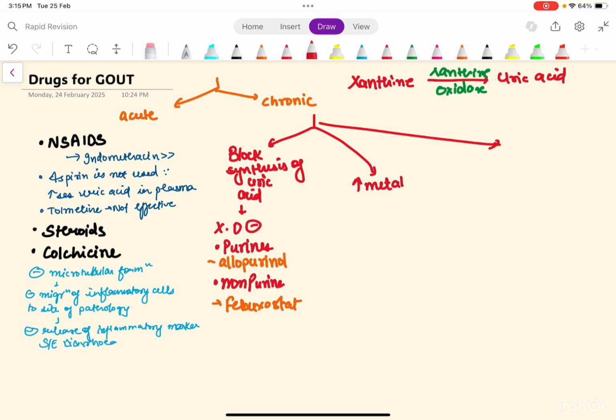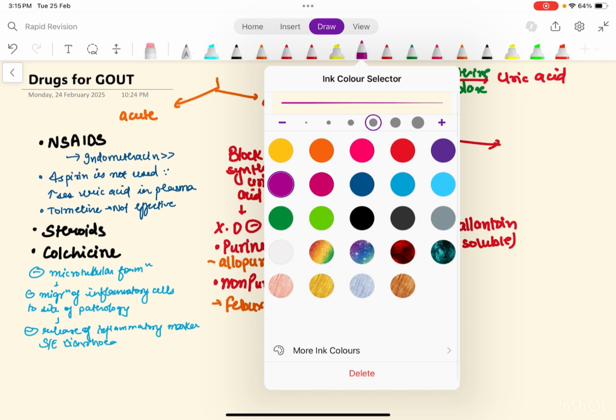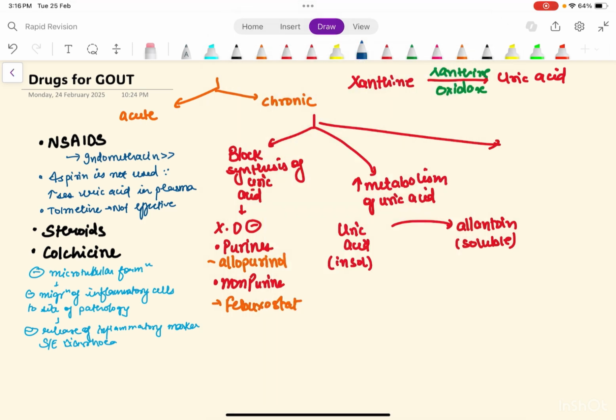In second mechanism, you will increase the metabolism of uric acid. Now the uric acid is basically converted into allantoin, which is a soluble form. So this is insoluble and this is soluble, and this reaction takes place with the help of an enzyme called urate oxidase. Now this enzyme is only present in birds and it is absent in humans.